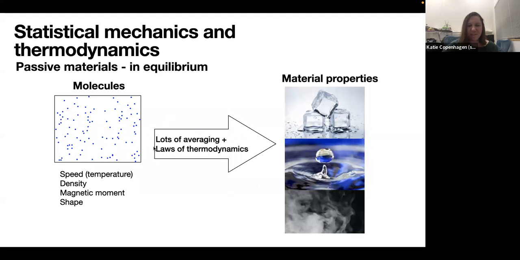You can apply the laws of thermodynamics since we're in equilibrium, and then you can learn all sorts of useful properties about your macroscopic materials, like whether you'll have a solid, a liquid, or a gas, whether it'll be magnetized, how easy it is to break, all sorts of things that you would want to know if you're going to be building something out of a material, right?